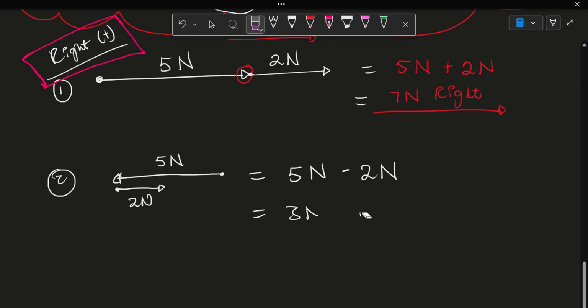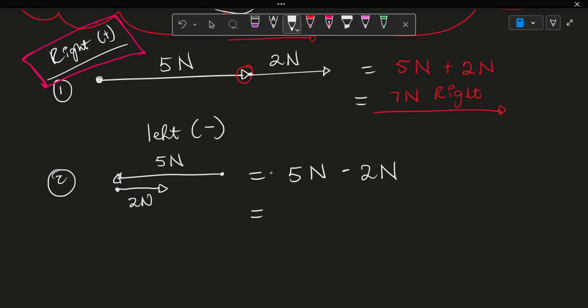Because notice something. Once you realize that the 5 newton vector is to the left, look at the head, which gives you the direction. It is to the left. And the 2 newton vector is to the right. So that is 2 newtons to the right and 5 newtons to the left. You said that right is positive, and obviously, if something is not to the right, it's to the left, and if right is positive, then left is negative.